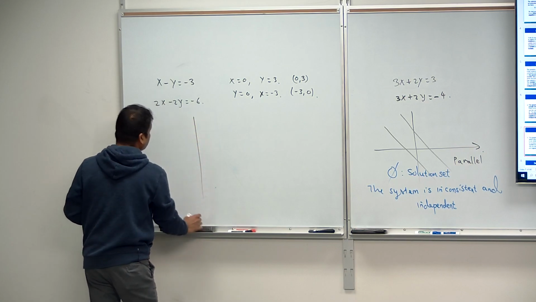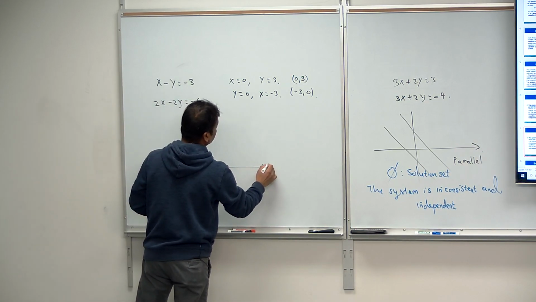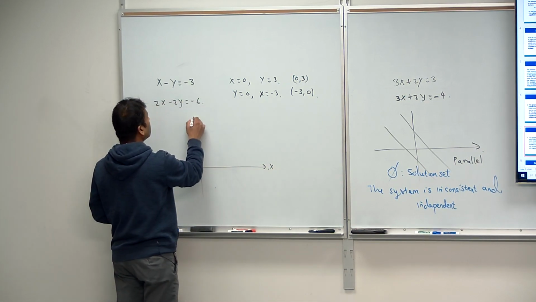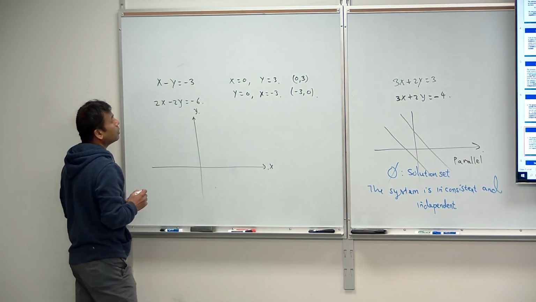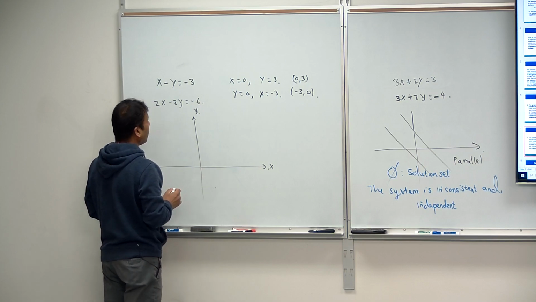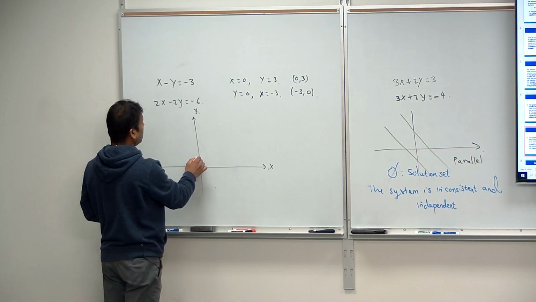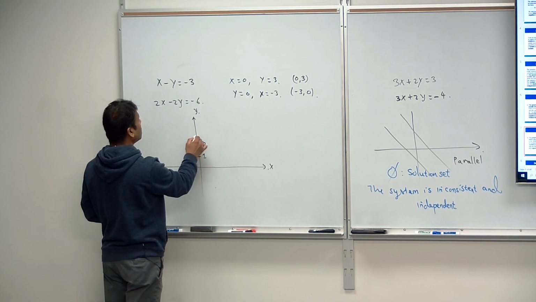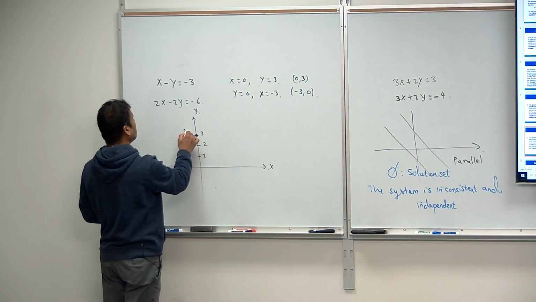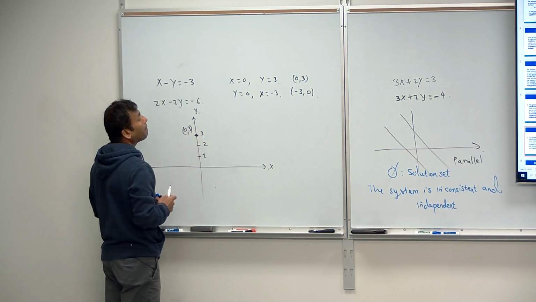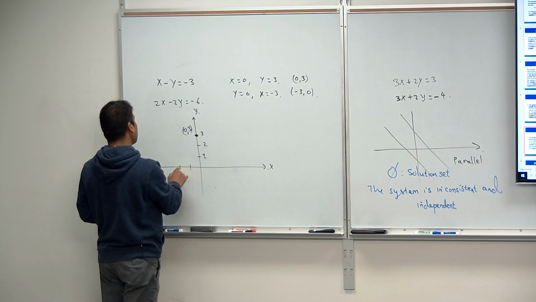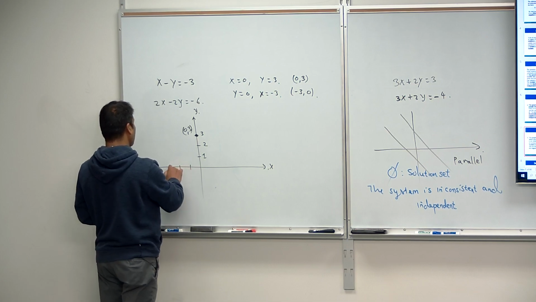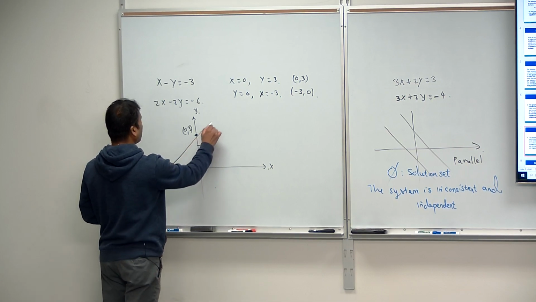So now this is the x-axis, and this is the y-axis. So (0, 3) is somewhere here. This is 1, 2, 3. So this is (0, 3), right? And then (-3, 0). And if you join them, you will have a graph like this.